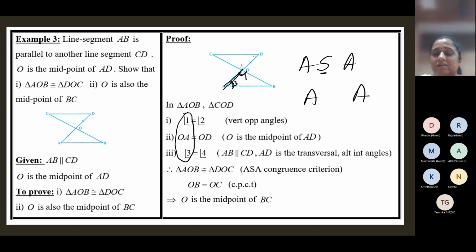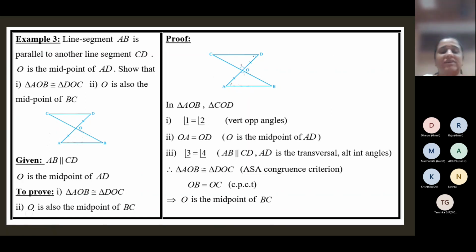In the other triangle also, for angle 2 and angle 4, OD is the included side. So clearly, by ASA congruence criterion, the two triangles are congruent to each other.